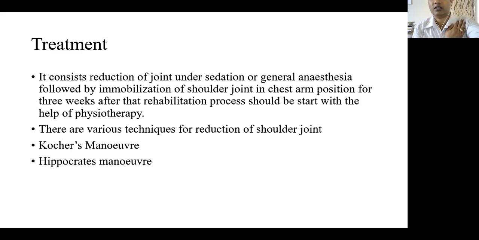Suppose this shoulder is dislocated. After the reduction, you have to fix the shoulder along with my hand like this, in an arm pouch or some other method. In this position it remains here and improves healing.